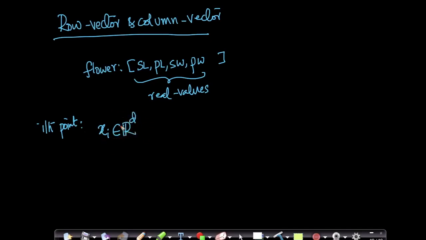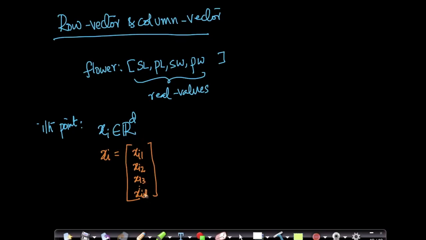This is important notation. When I say xi belongs to Rd, what it means is that xi is a d-dimensional vector. So for example, I could have xi1, xi2, xi3, so on and so forth, xid, right?